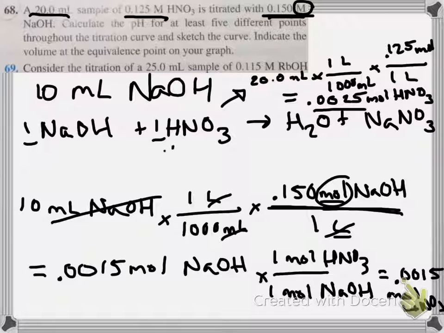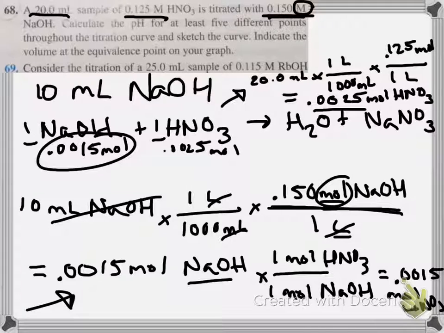So if I start with 0.0025 moles of nitric acid and 0.0015 moles of sodium hydroxide, I need to figure out what's going to run out first. Well, down here, I have already calculated that with 0.0015 moles of sodium hydroxide, 0.0015 moles of nitric acid will react.